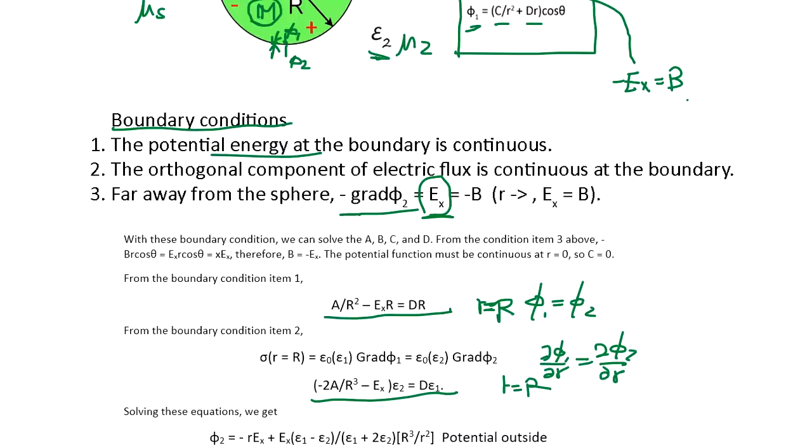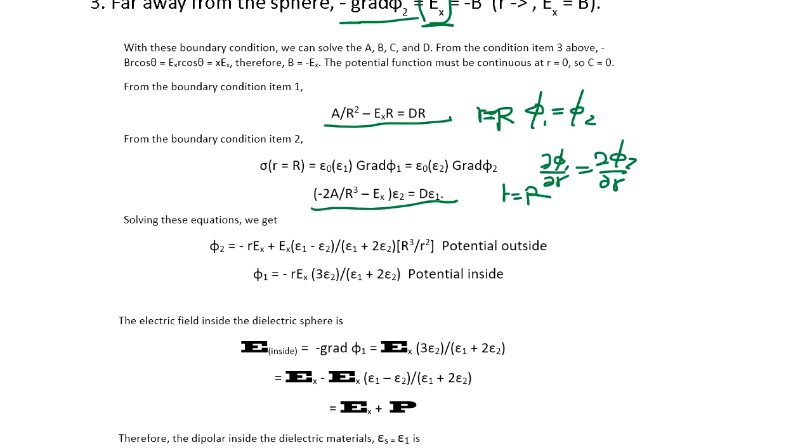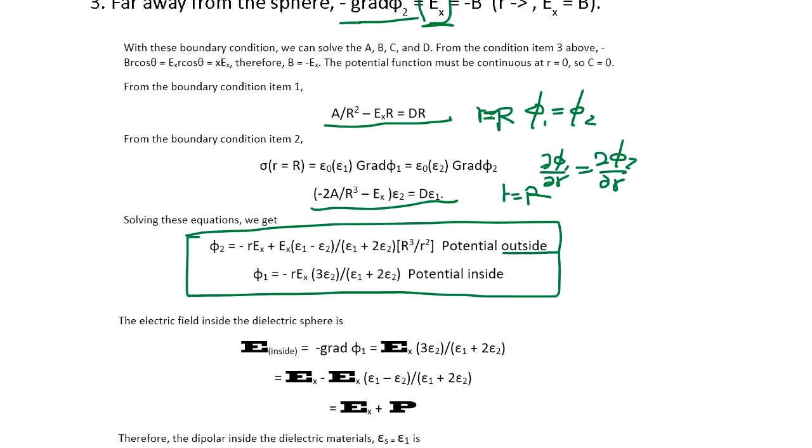So we solve for the remaining parameters. Okay, so we get the potential function outside and inside, and they connect at the boundary.